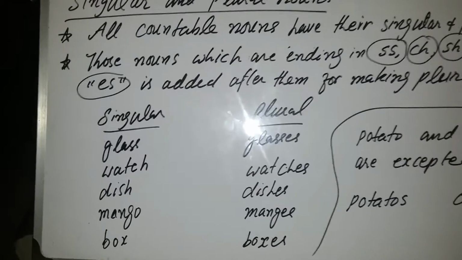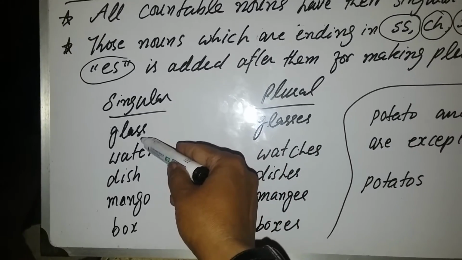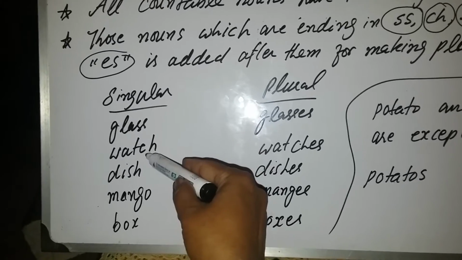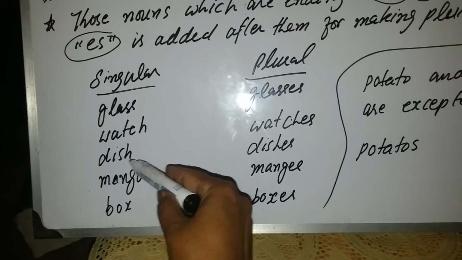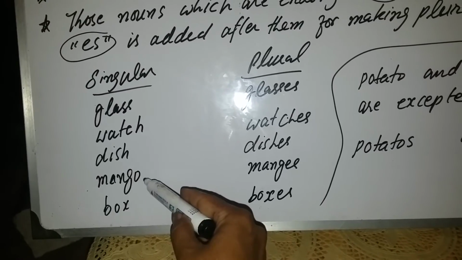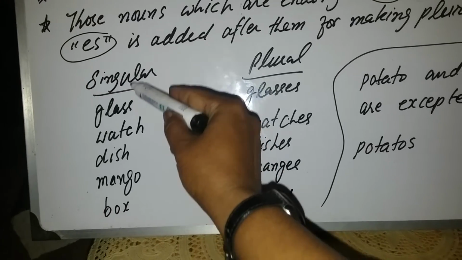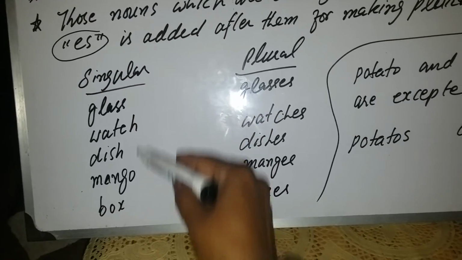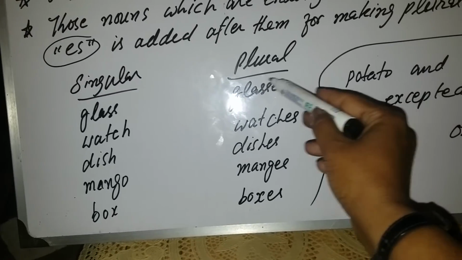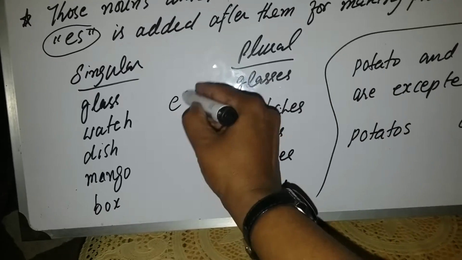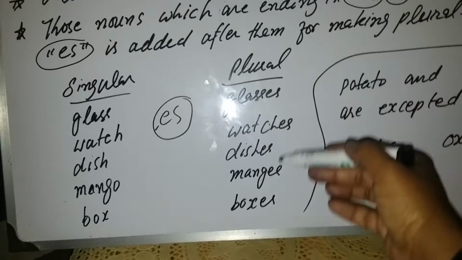For example, glass ends with ss, watch ends with ch, dish ends with sh, mango ends with o, box ends with x. So when you find these types of nouns which end with these letters, you will put es after them for converting them into plural.